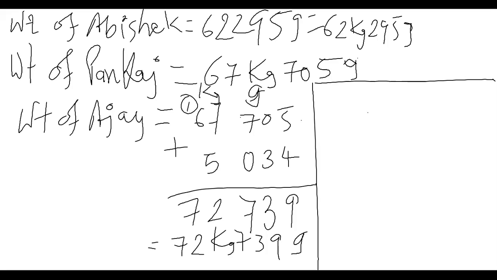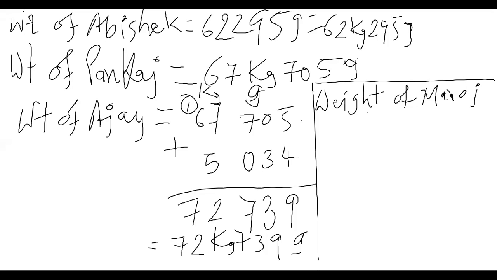And now we have to find weight of Manoj. What is the relation between Manoj and Ajay's weight? Let's find it from the workbook. Ajay weighed 4 kg 709 gram less than Manoj.